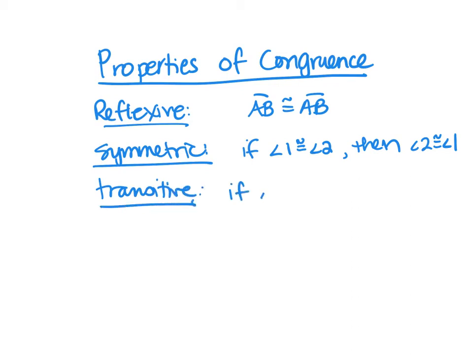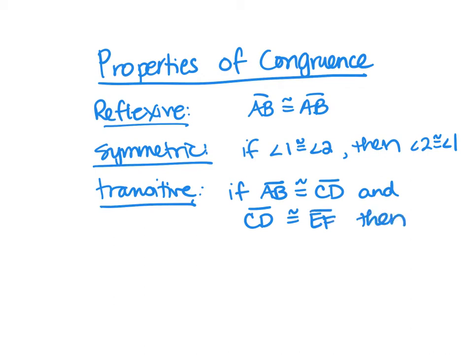And then transitive. This is the one where I use the eye color. So if line segment AB, for example, I could use angles, is congruent to line segment CD, and CD is congruent to line segment EF, then AB is going to be congruent to EF.